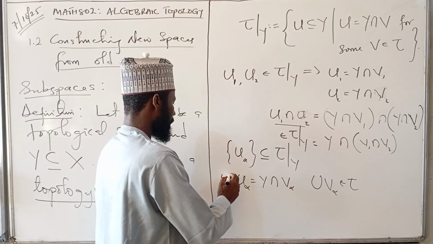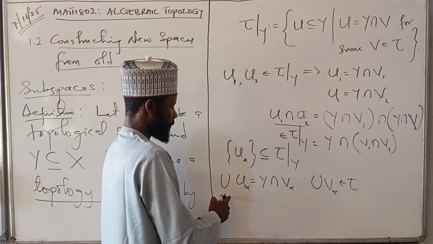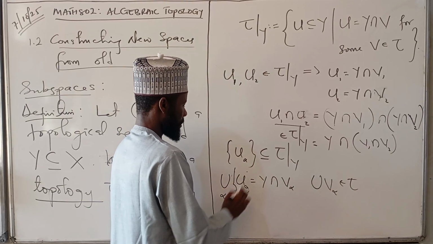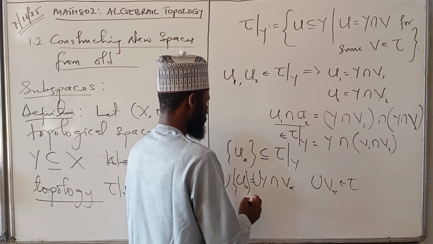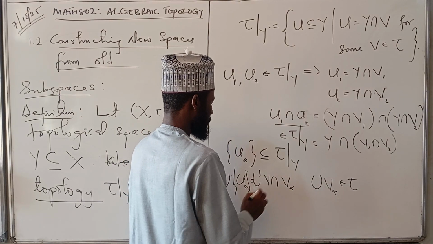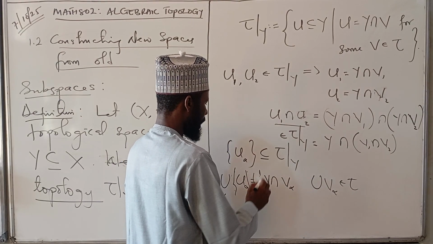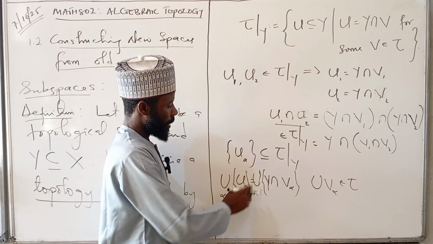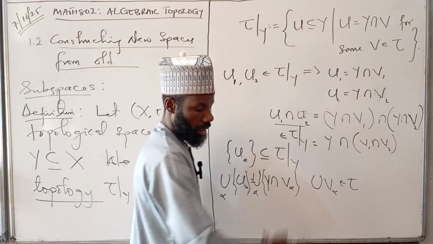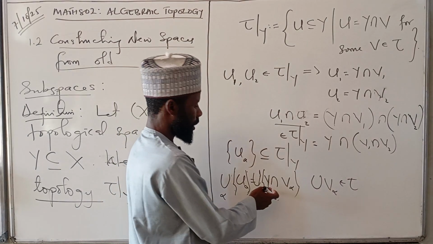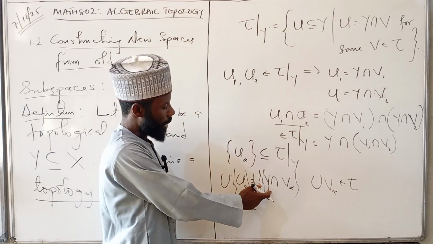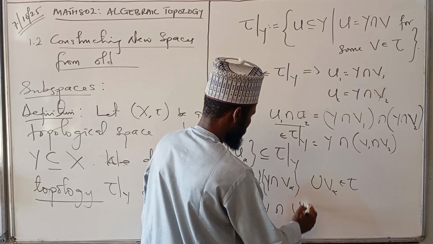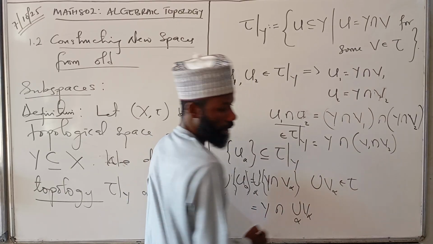And so if you take the arbitrary union over all the alpha of this family, it will be union over alpha of this. But then you can write this as, because you have a common factor here, this y, so this is y intersection the union of alpha of v alpha.